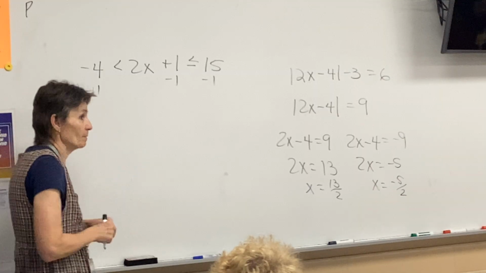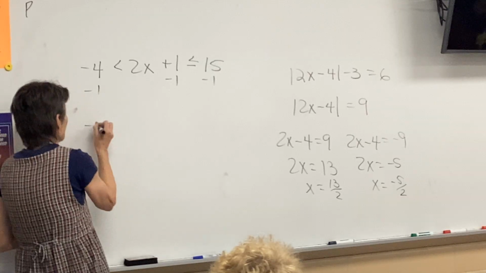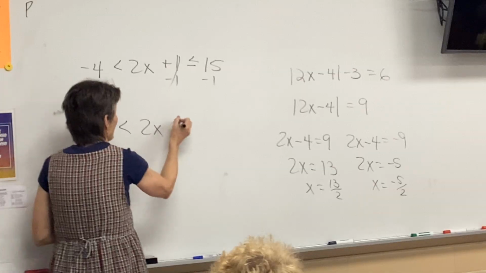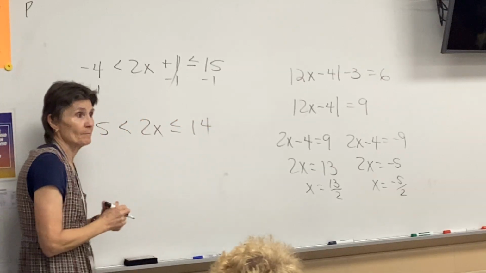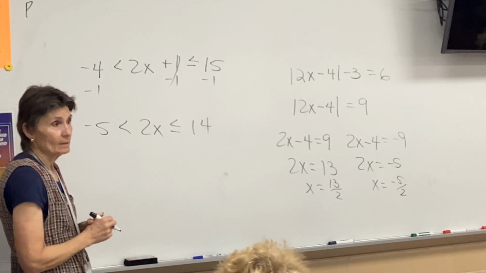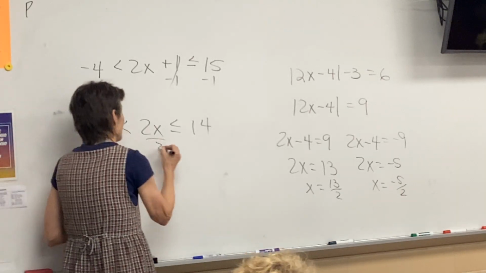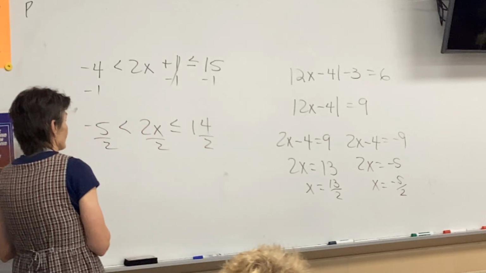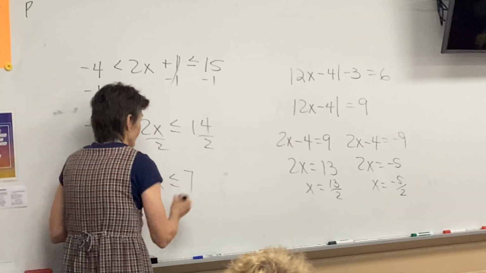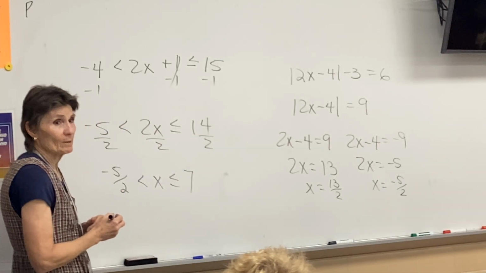It's a 3-part problem. It's not just 2 sides of an equation. It's got 3 pieces. So negative 5. In the middle now, all you have is 2x and 14. Right? And then what? Divide everything by 2. Now we gotta be careful.